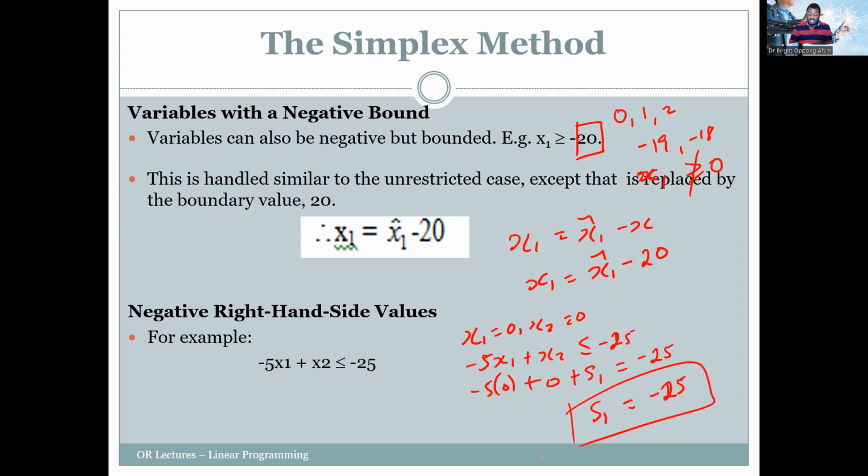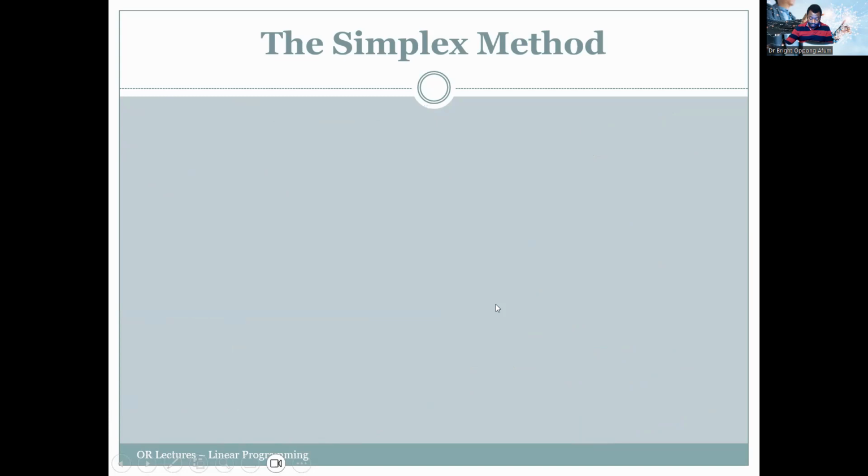This indicates that the slack variable is negative 25, meaning that it doesn't exist, or we have overutilized the resources, right? So how do we then handle this?